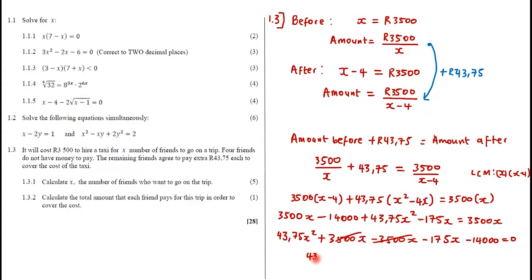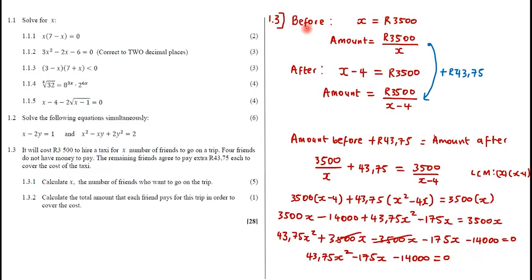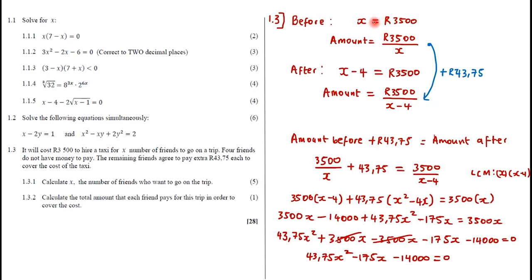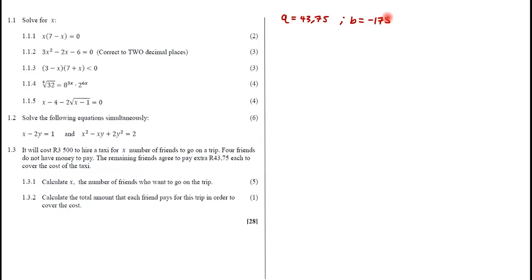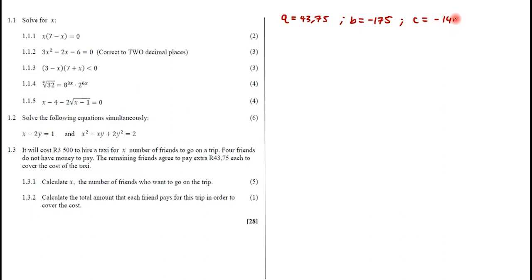So this gives me 43.75x squared minus 175x minus 14,000, equating it with 0. So from here I see that the value for a is 43.75, the value for b, because we need to solve for x here, is minus 175, and the value for c is minus 14,000.